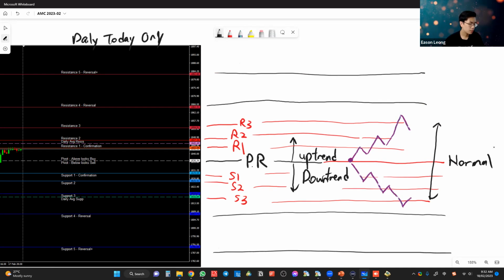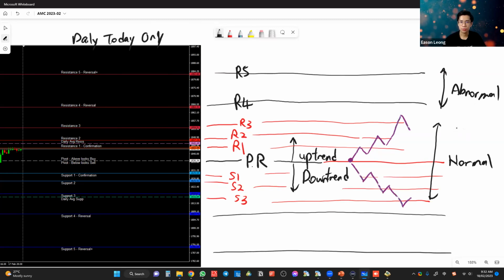But what if the market moves to R4 and R5 over here? This is what we call an abnormal market. In a normal market, we follow the trend, meaning the market will continue to be uptrend, uptrend, uptrend. If it is on the opposite side, that is considered a downtrend: down, down, down.